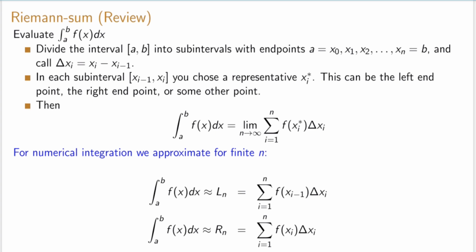So then for a finite n, the left point rule, I call it Ln, is the sum from i is 1 to n f of x_{i-1} delta xi. And you see the x_{i-1} is the left endpoint of these intervals. Similar for the right point rule, you take the finite sum i is 1 to n, where f is evaluated at the right point of the interval. And you have seen this now several times.